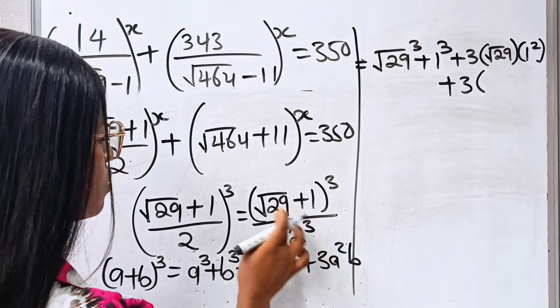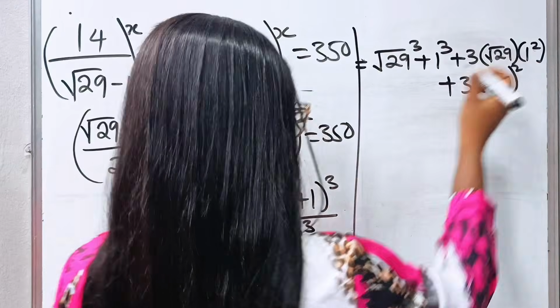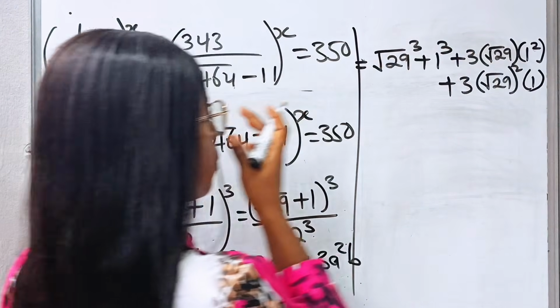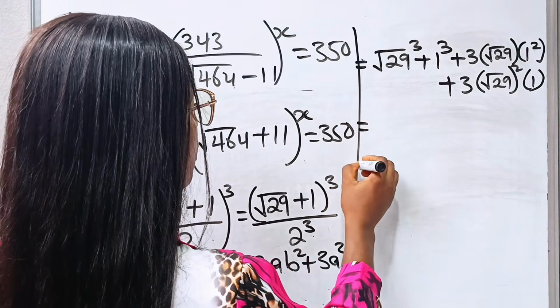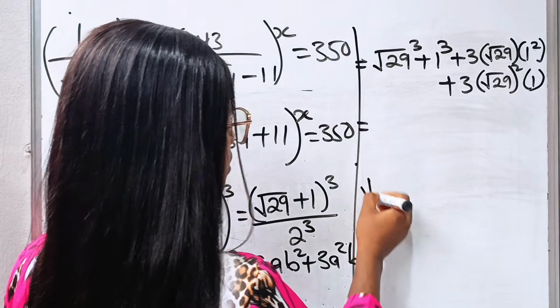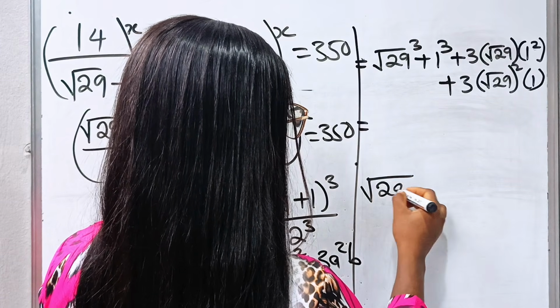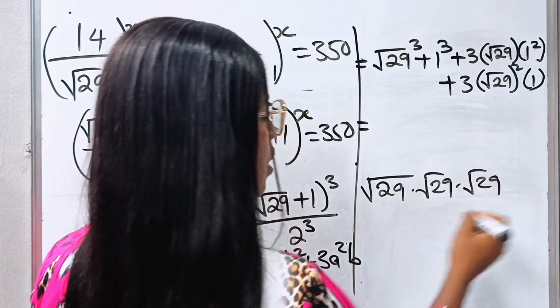Our a is root 29, so root 29 squared multiplied by b, our b is 1. Okay, so if we expand this, we have root 29 to the power of 3. We can write this same thing as square root of 29 multiplied by square root of 29 multiplied by square root of 29, right?